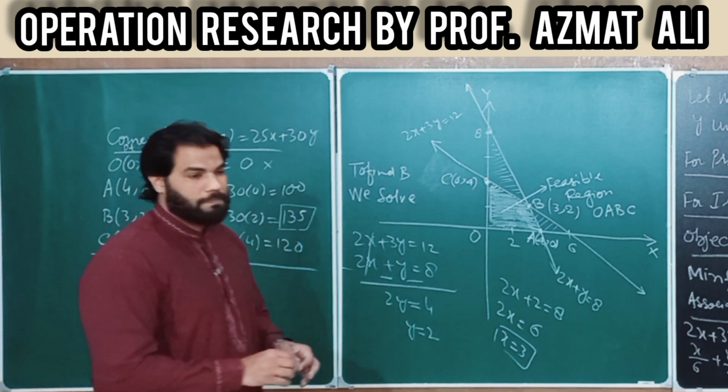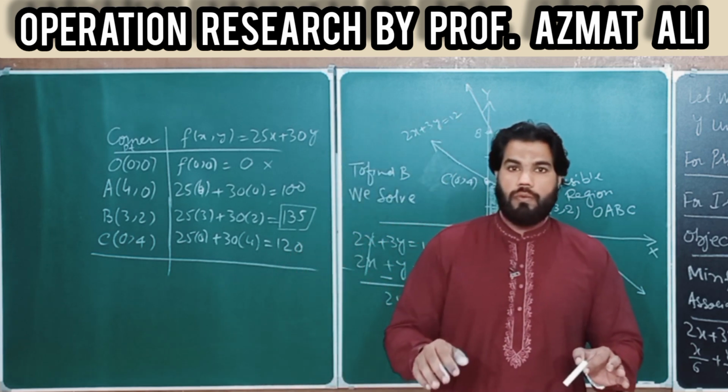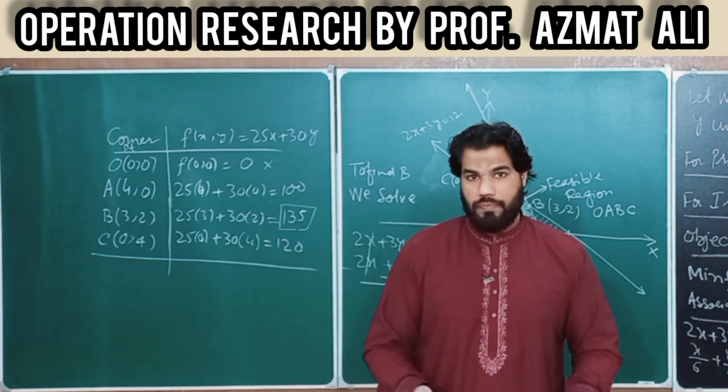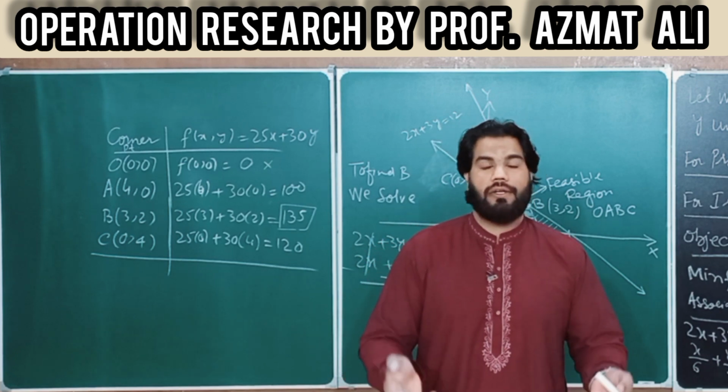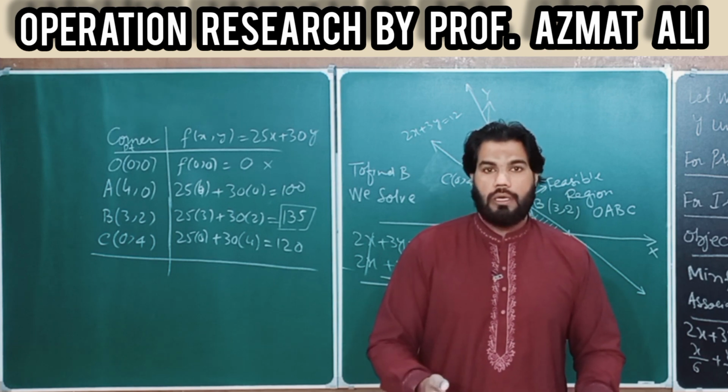Suppose in the question we say we only have to make any one of the foods x or y that minimizes our cost and fulfills our condition of protein and iron.